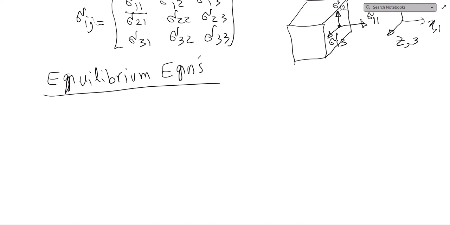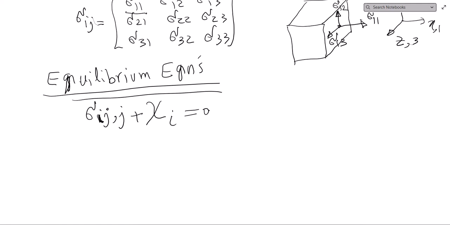So what we have in index notation: the stresses that we calculate, the divergence of this stress, sigma ij,j, plus any body force, say b_i, should be equal to 0. So this is a very compact form of the equilibrium equation.